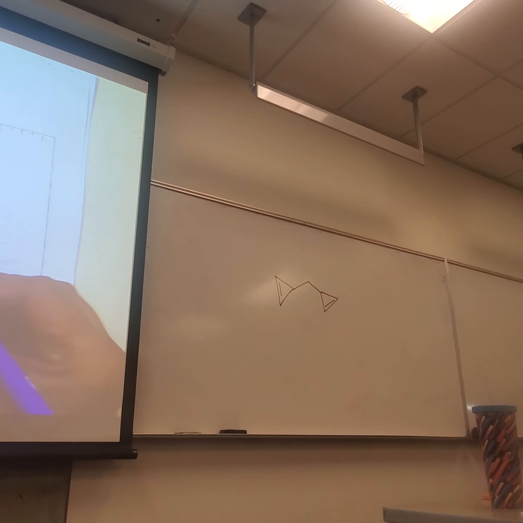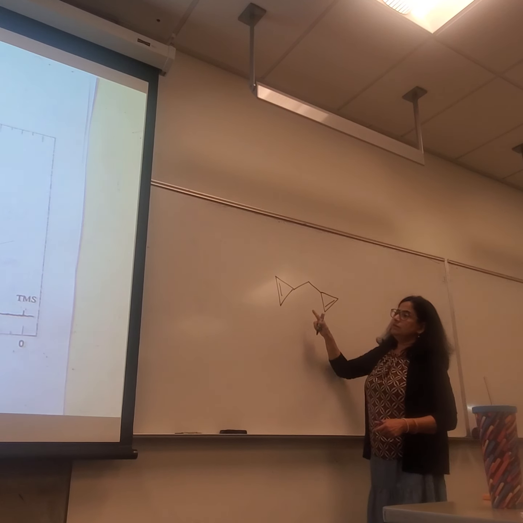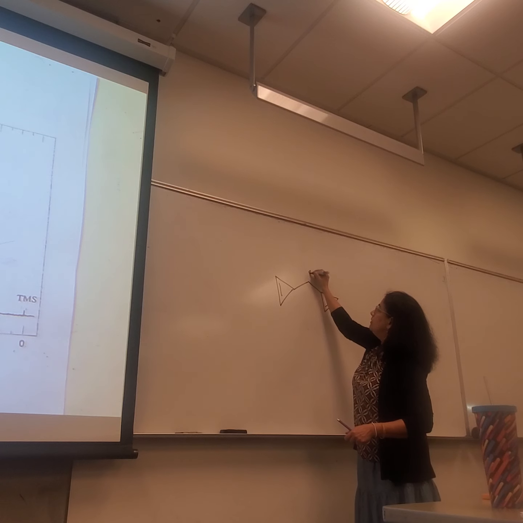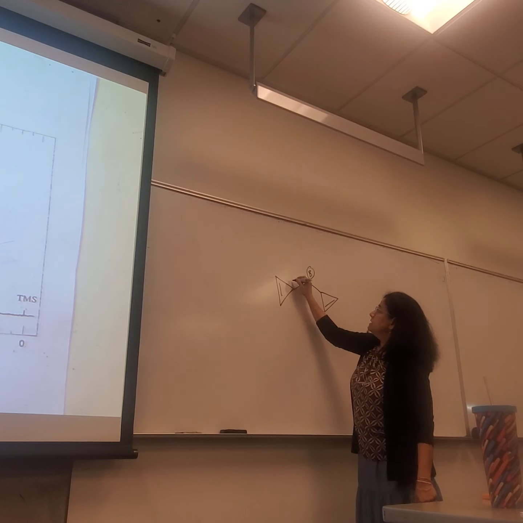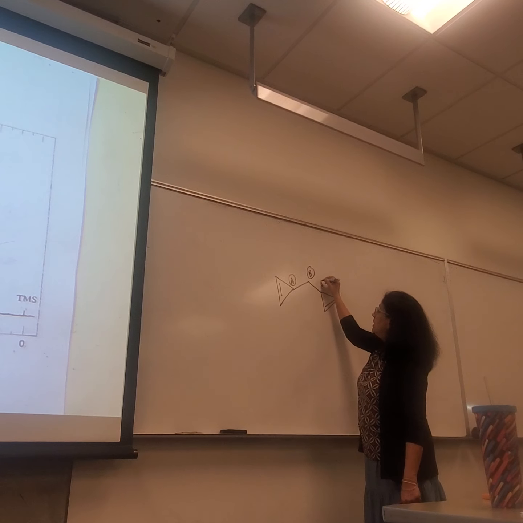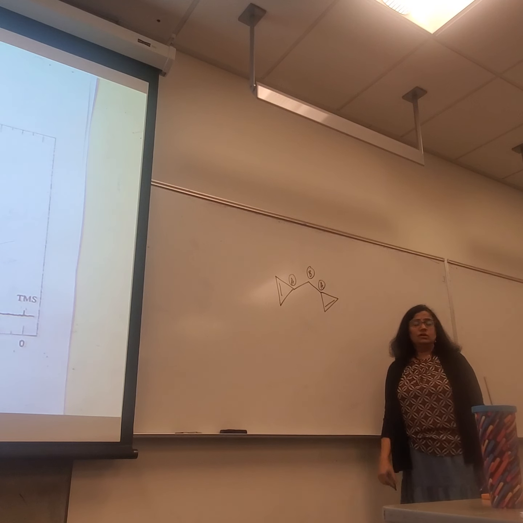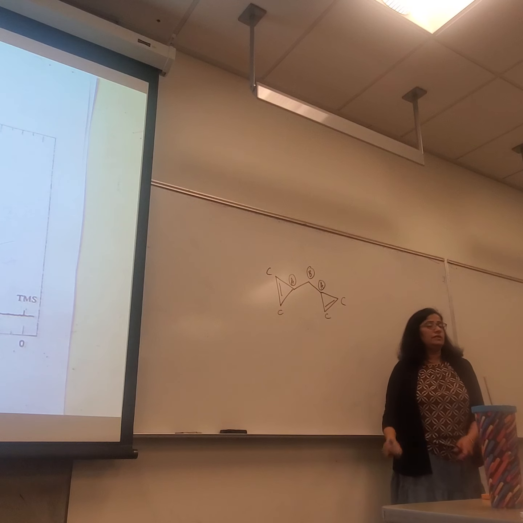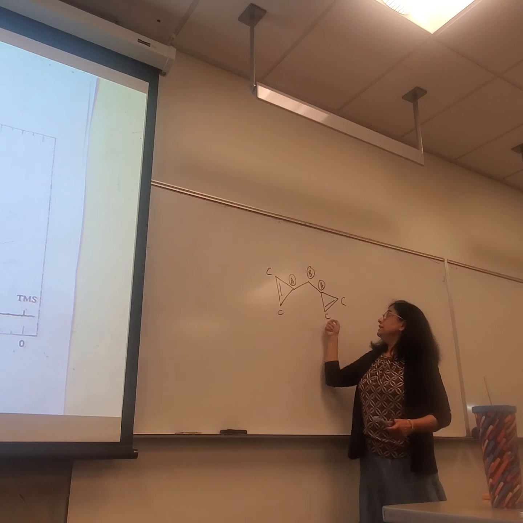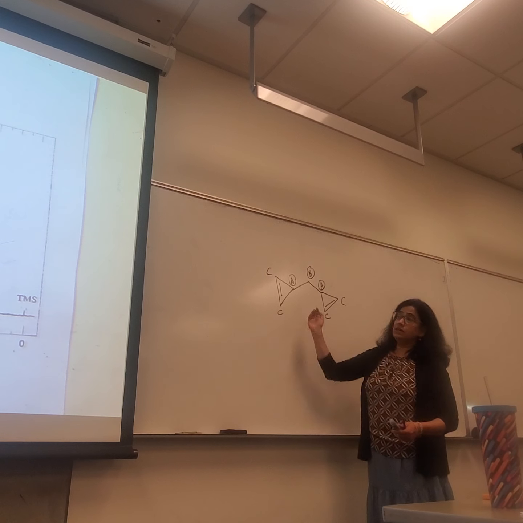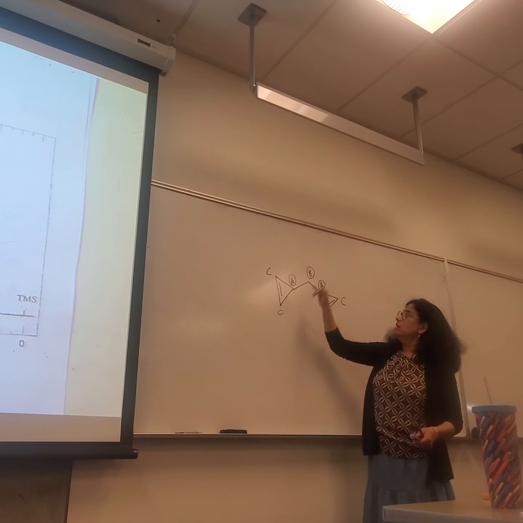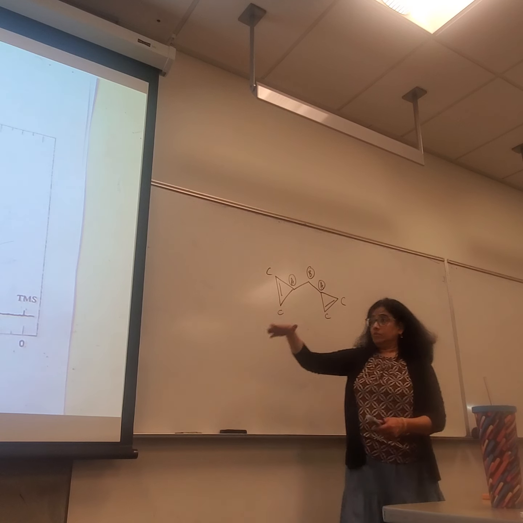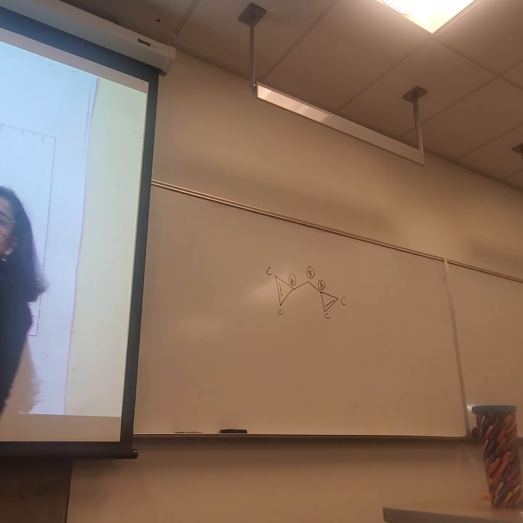Let's call this A, the sp3 hybridized CHs, and here are your C's, the sp2 hybridized CHs. Look at the number of C's, 4 compared to 2. That's why the signal for C is so much bigger. 4 compared to 1.